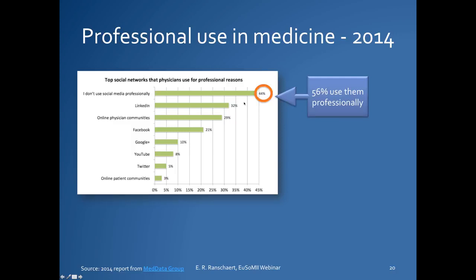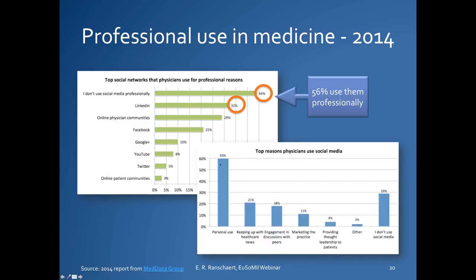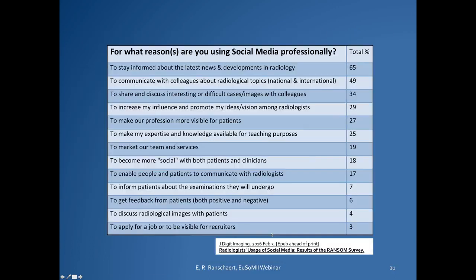And also here you can see that LinkedIn is the most popular platform for professional purposes. 60% of participants are using social media mainly for personal reasons. More than 20% do use them to keep up with healthcare news, and almost 20% want to use social media to engage in discussions with peers.